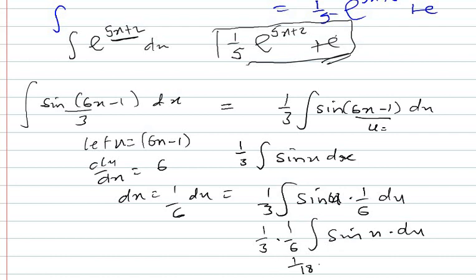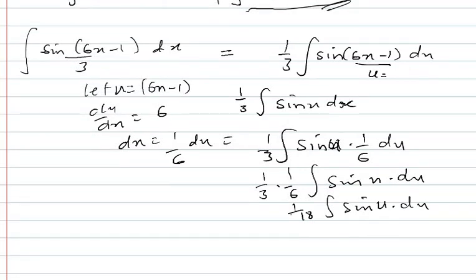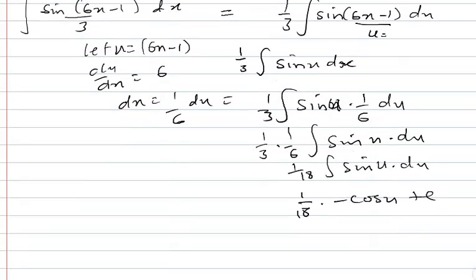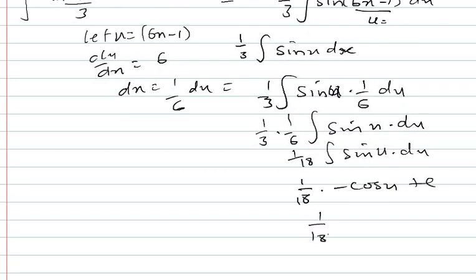From here, 3 times 6 is 18. That's 1 over 18 integral of sine u du. Then 1 over 18 times the integral of sine u du with respect to u is minus cos u plus c. Now we can substitute for u, which is 6x minus 1.